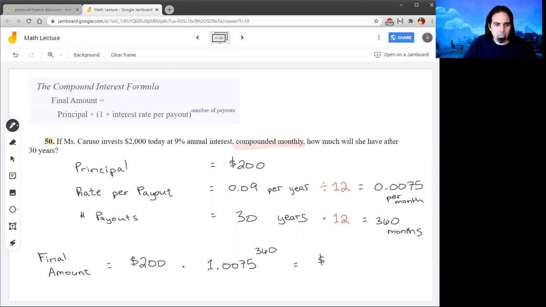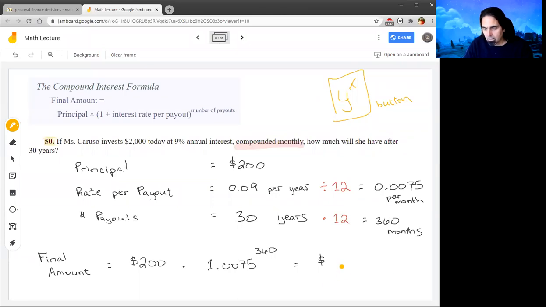Now my calculator has a button that looks like y to the x. So when I do an exponent, I have to use my y to the x button. So 2,000 times 1.0075, y to the x button, 360.